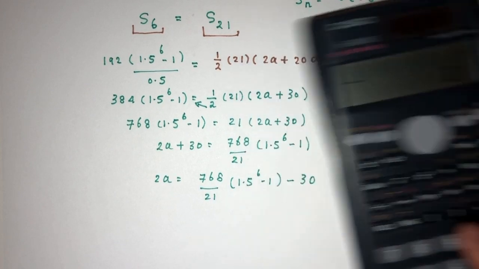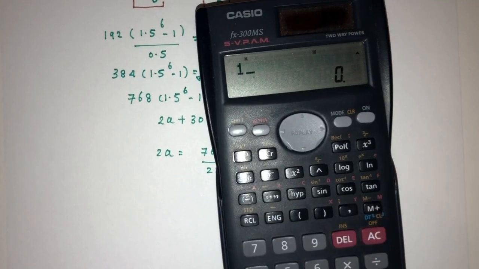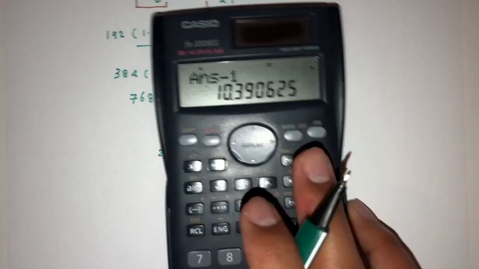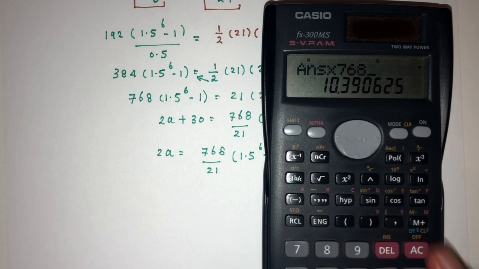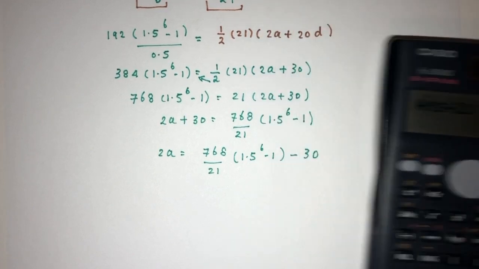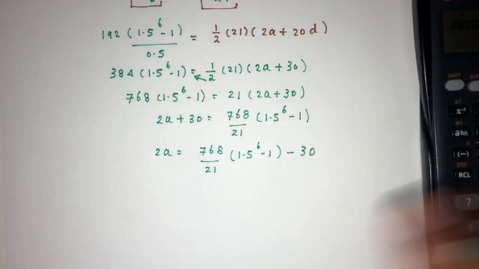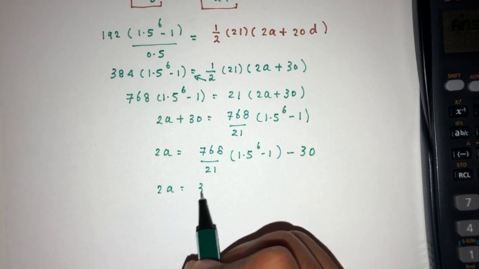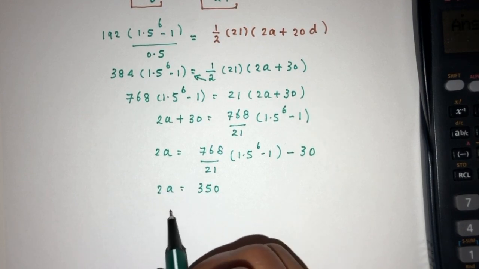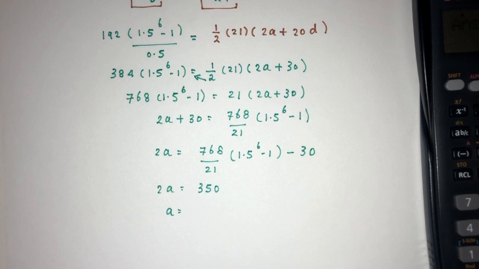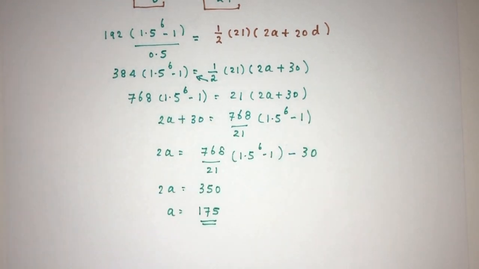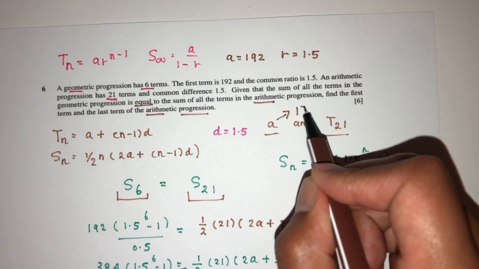So let me just do everything: 1.5 to the power 6 minus 1, multiplied by 768 divided by 21, minus 30, that will be 350. So 2a will be 350, and a will be 350 divided by 2, that should be 175. So we have found the value of a. Now moving on, the first term, a, is 175, and the last term is the 21st term.